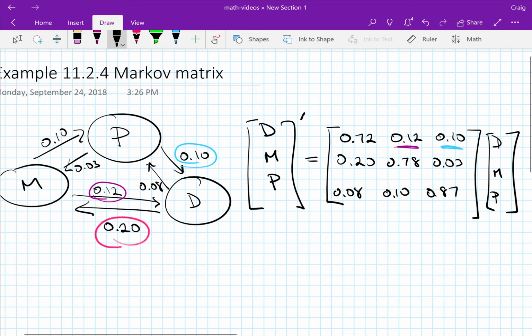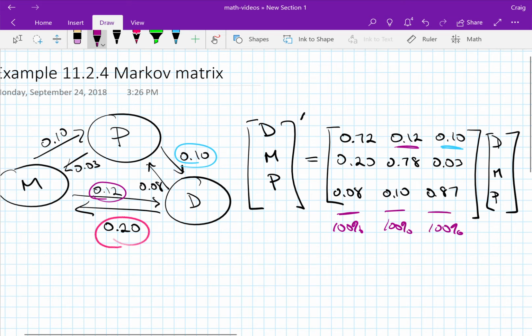And so if you look at this so-called Markov matrix, where you have a population and the total number of things stays constant, there's just flux where things are moving from one place to the other, each of the columns adds up to 1, right? So 72% plus 20% plus 8% is 100%. So we've got 100% in that column, 100% in that column, and 100% in that column.